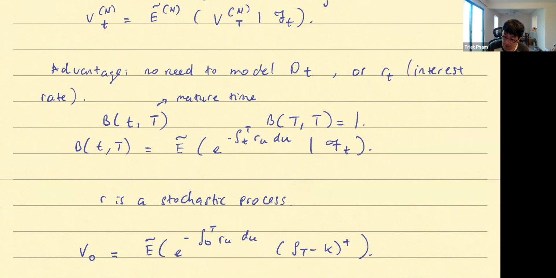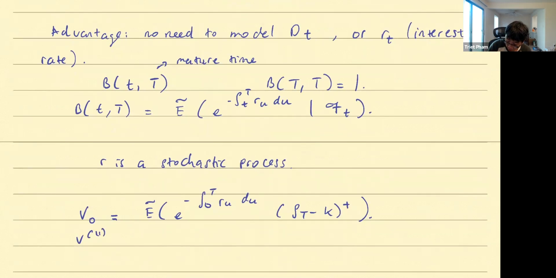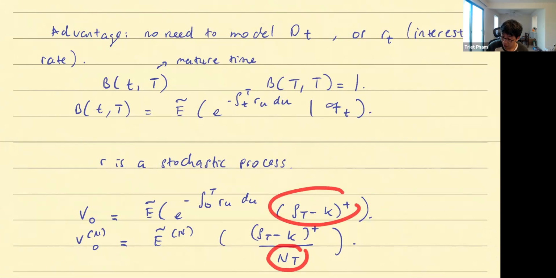So you see that this is the pricing under the risk-neutral probability. If somehow you can find another numeraire, like this, then you see this is basically V_n, because I divide by N big T. But the point is that this guy disappears.